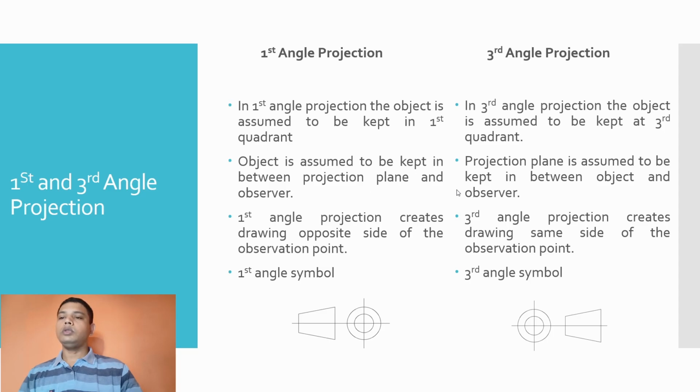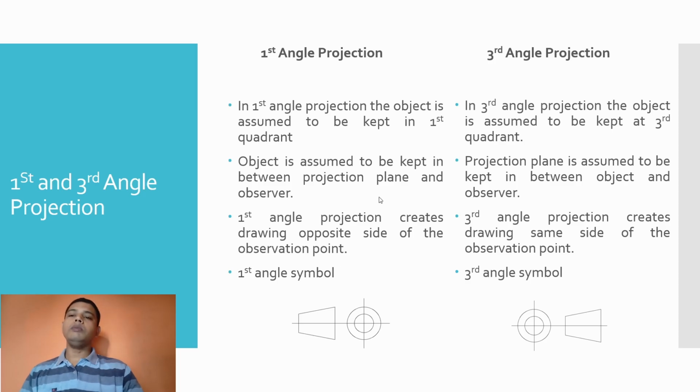So just understand that in first angle projection, the image is generated on the opposite side of the observer, while in third angle projection, the image is generated on the same side of the observer. You are standing here, and the image is generated towards your side.